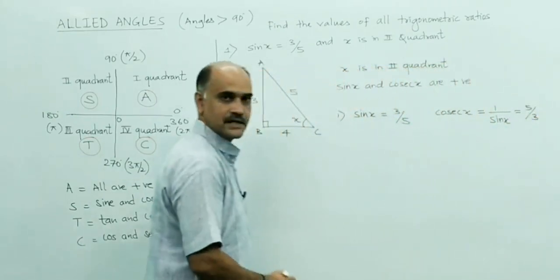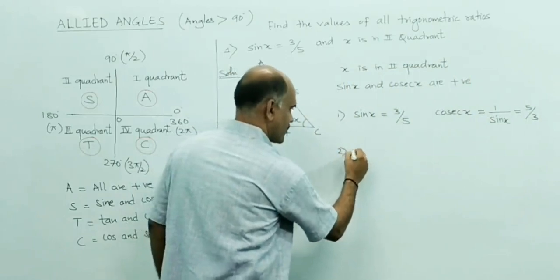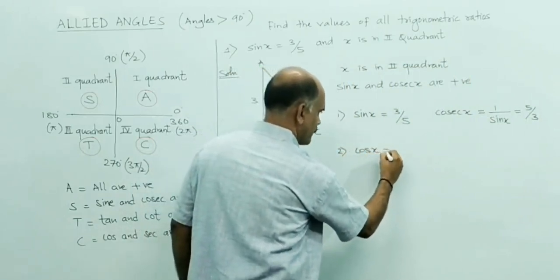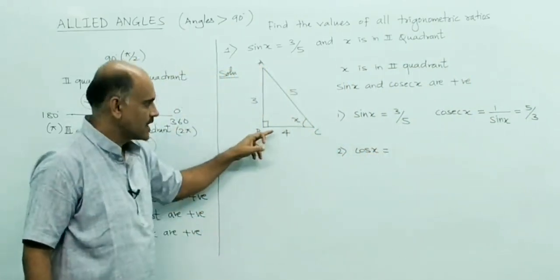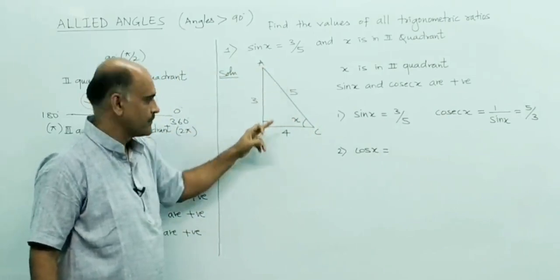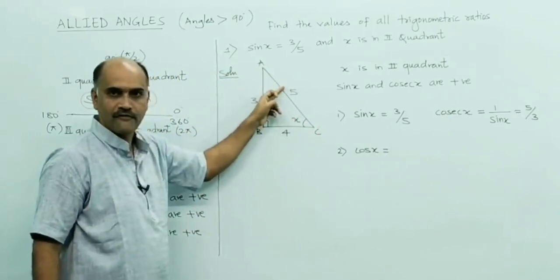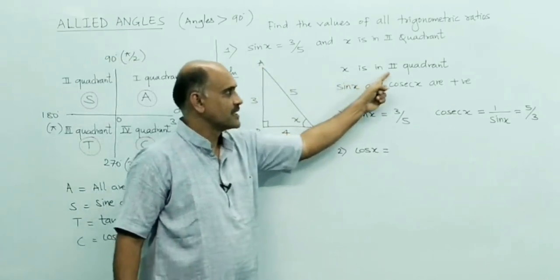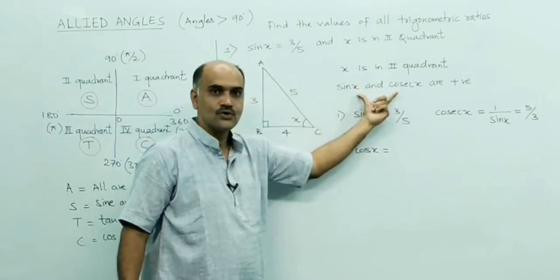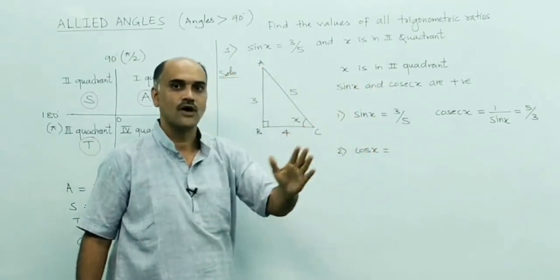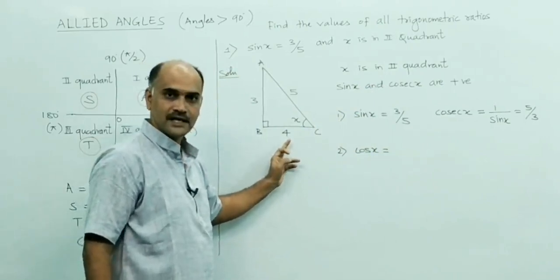Second, if I take cos x. Cos x is adjacent by hypotenuse. So cos x is 4 by 5. But in second quadrant, only these two are positive, while all other functions are negative.